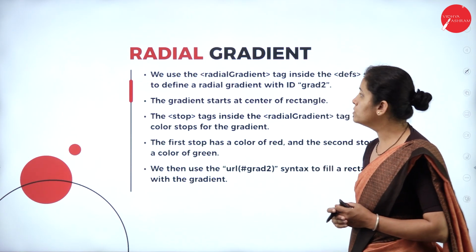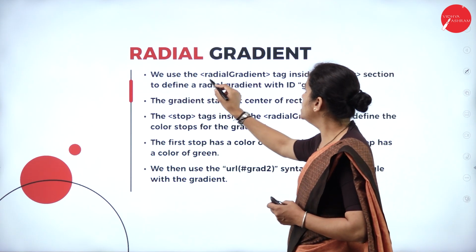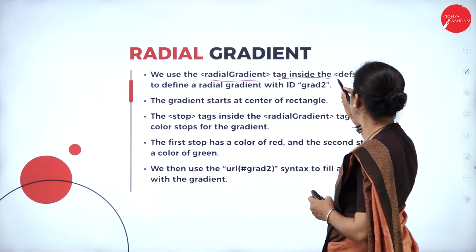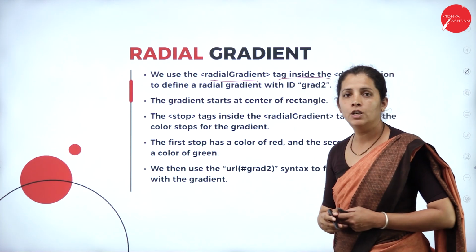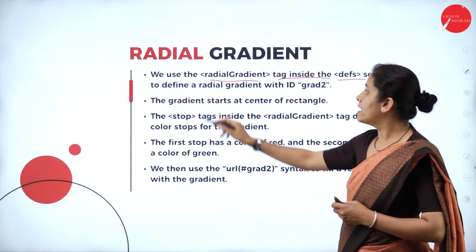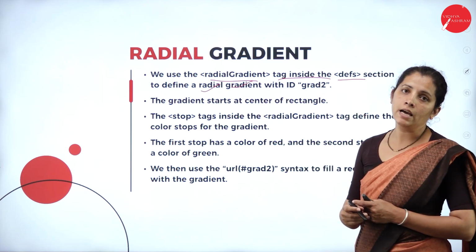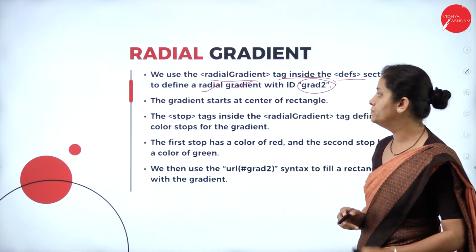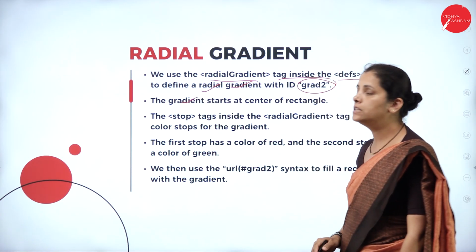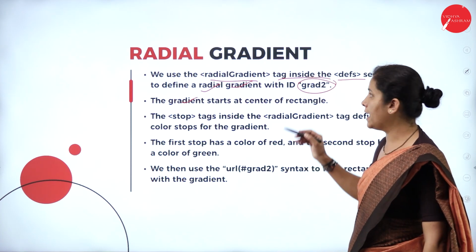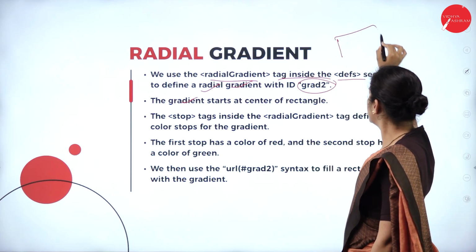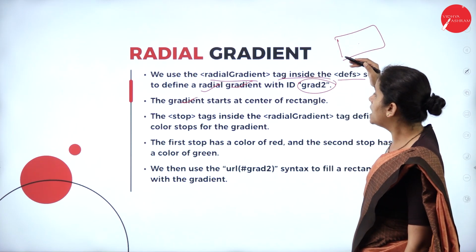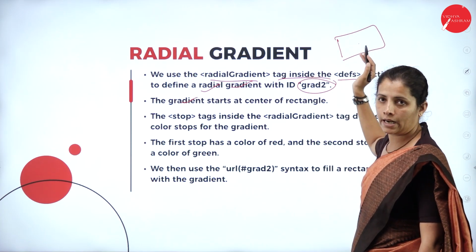Now see here, we use the radial gradient tag inside the DEFS section to define the radial gradient with the ID. What is my ID name? That is grad2. The gradient starts from the center of the rectangle.